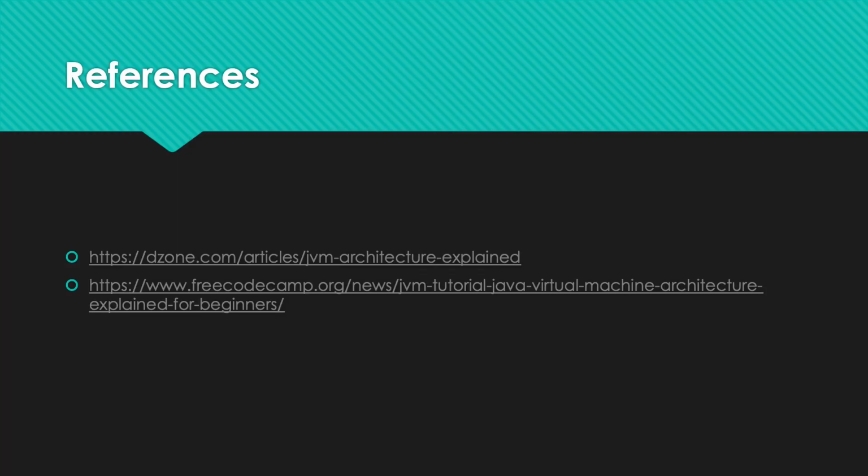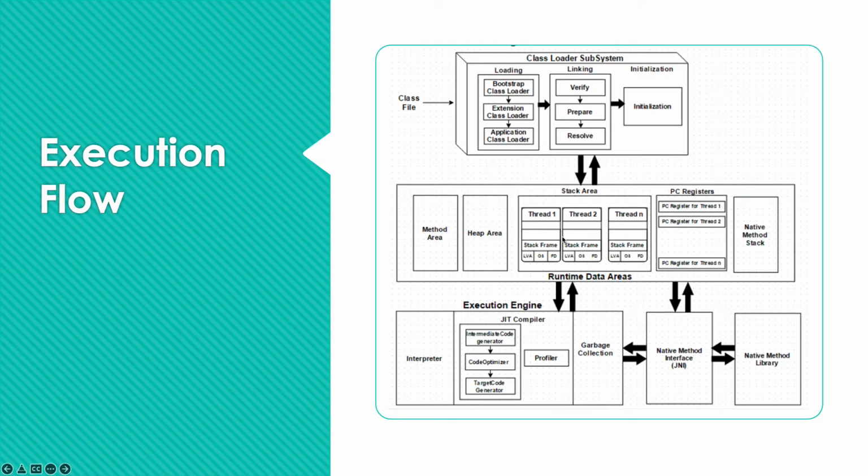And if we move to the runtime data area, again we saw that it has 5 different components internally. The method area is going to contain all the class level data, method code, and all the class level constants.